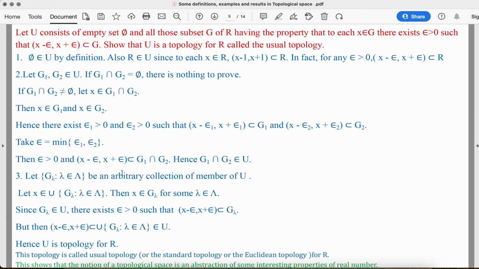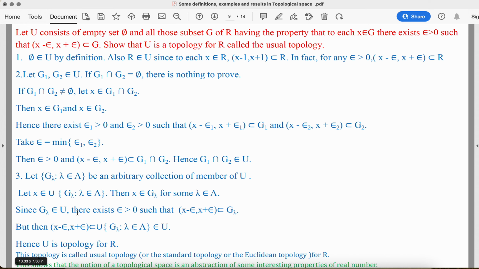Now we will consider an arbitrary collection of members of U. Let G lambda, where lambda belongs to some indexing set, be an arbitrary collection of members of U. Let x belong to the union of G lambda for lambda belonging to the indexing set. It means x belongs to G lambda for at least some lambda.